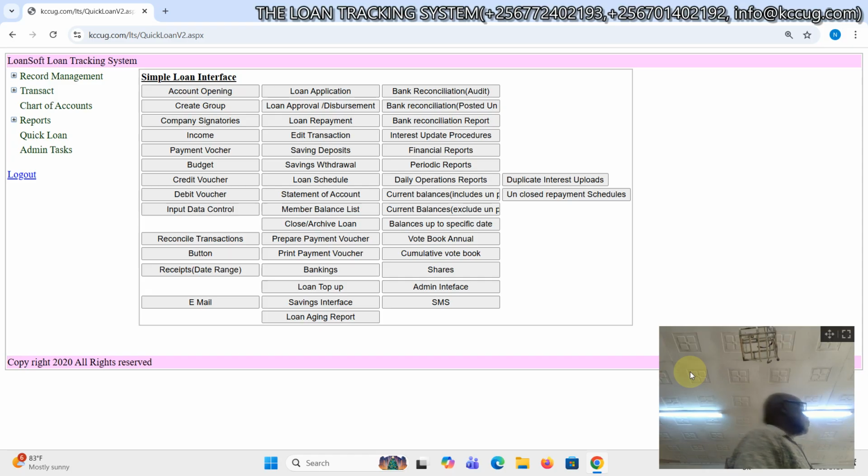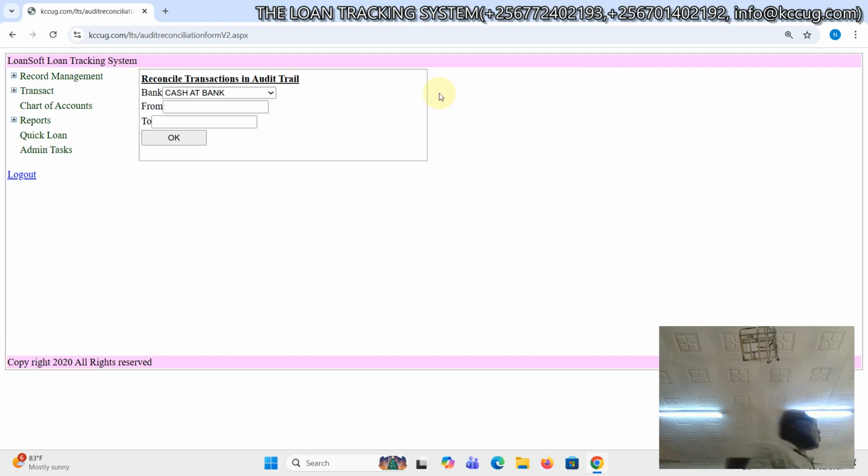Okay, we said that you have got to do bank reconciliation. In order to do the bank reconciliation, you will use this option here. You click on bank reconciliation. Of course, you will first go to the bank and ask them to give you a statement for that particular period.